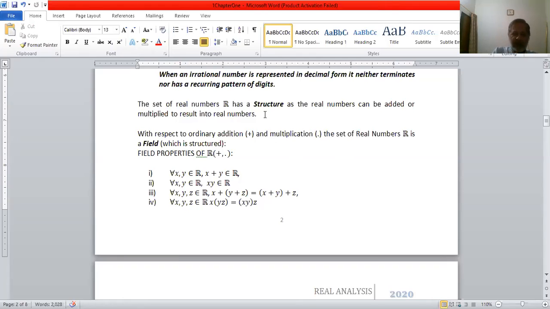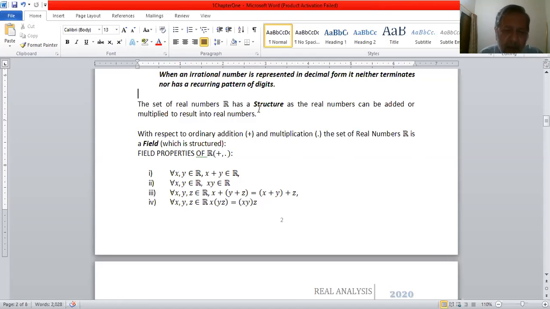Now we use the term structure. It's very commonly used in algebra as well as in analysis. When I say algebra, that means abstract algebra. When I say analysis, that means real analysis or general real and complex analysis at any advanced level.